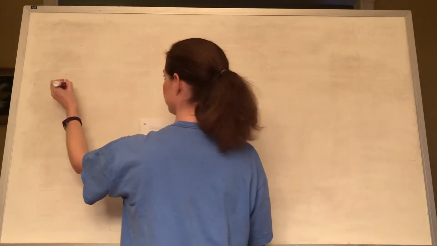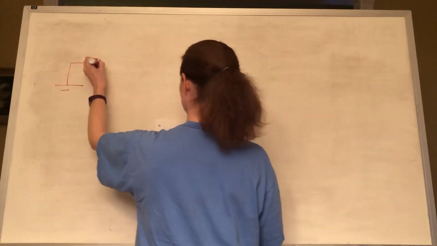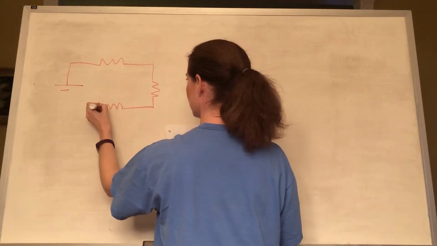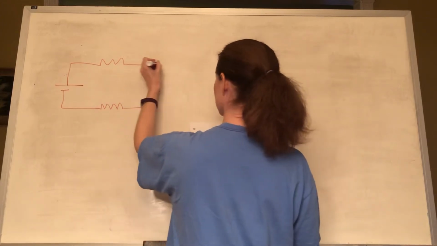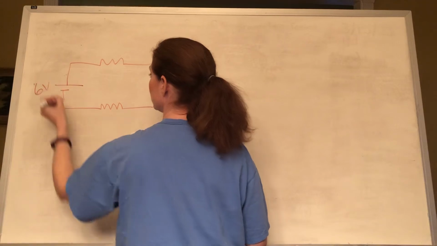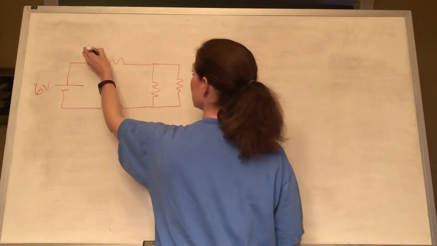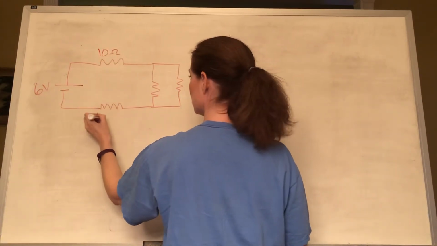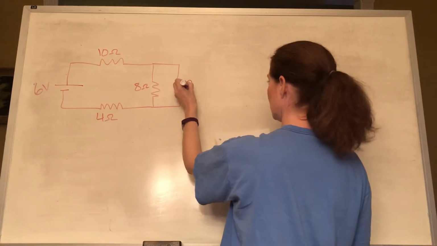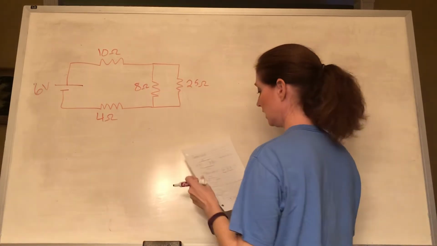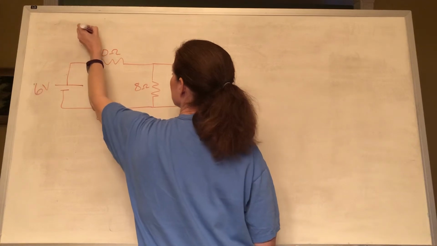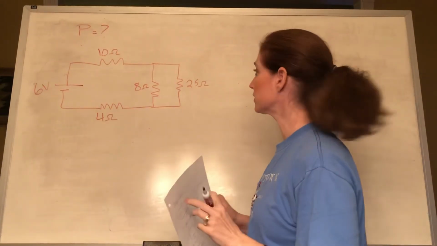All right. So I have 6 volt battery source, got 10 ohms, 4 ohms, 8 ohms, and 25 ohms. And what I'm looking for is power. Okay, that's our end result here.